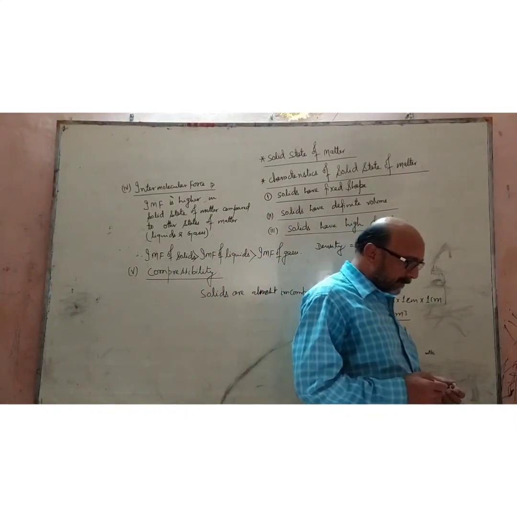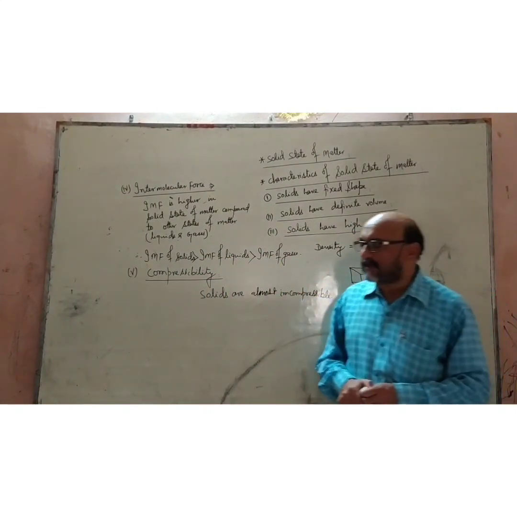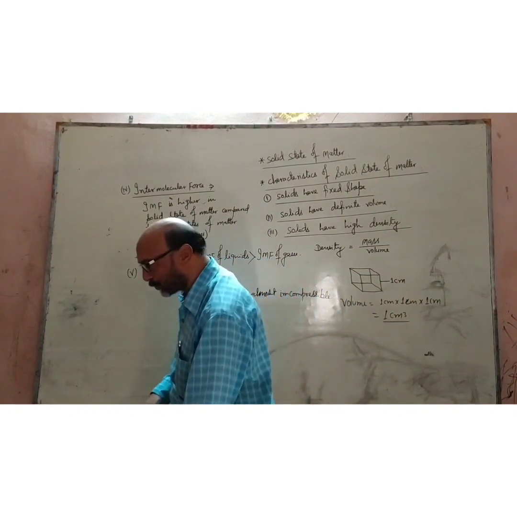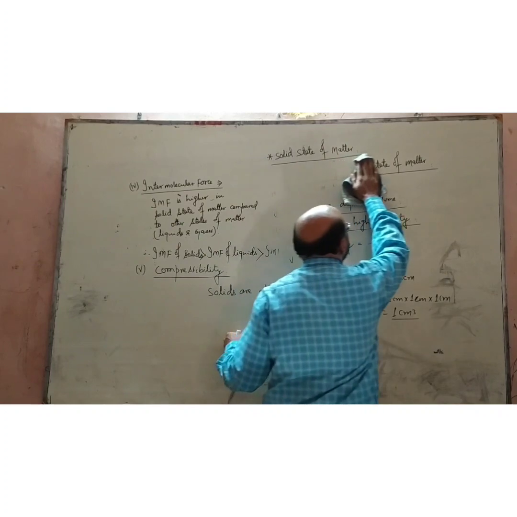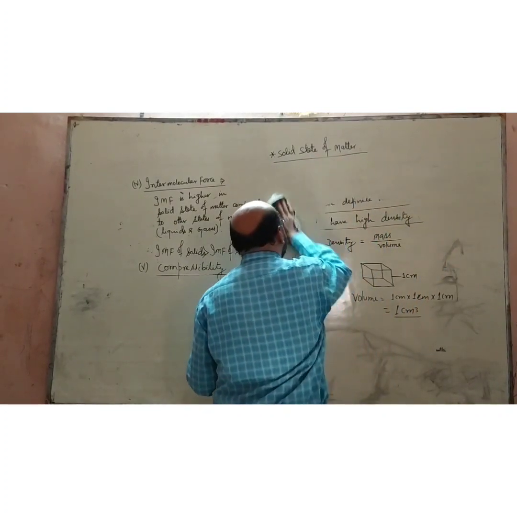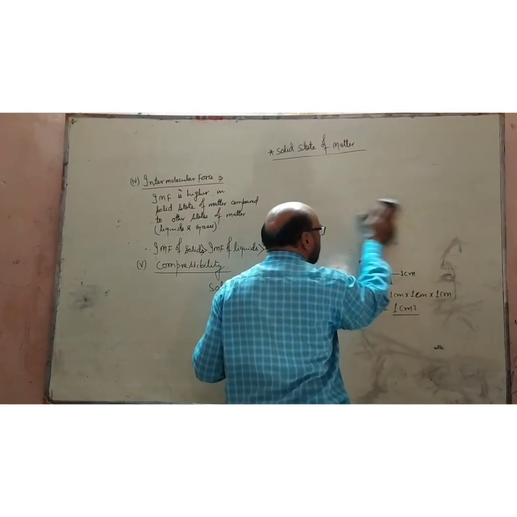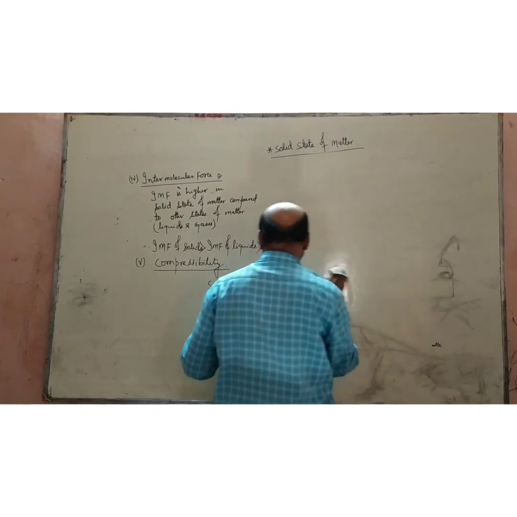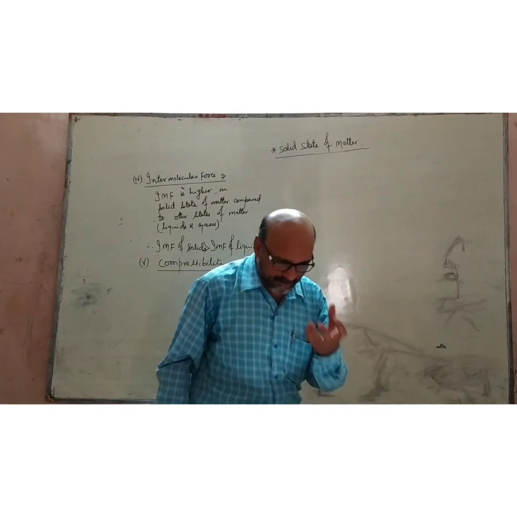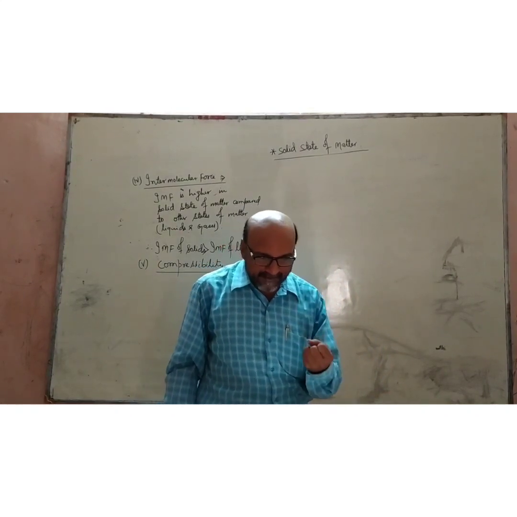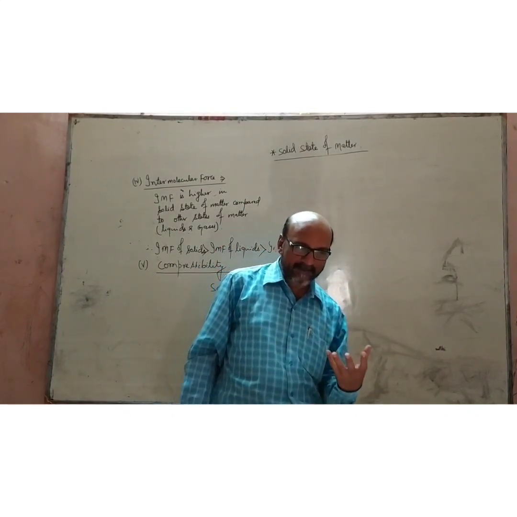Now the another point which we can discuss as a characteristic of the solid state of matter is rigidity. Rigidity. What does rigidity mean? Rigidity means fixed. The word fixed replaces the word rigid.